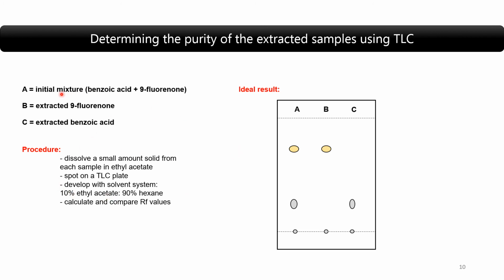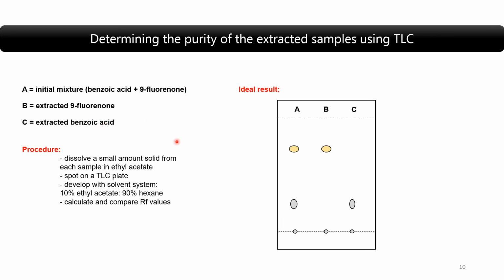So what we do is we have the initial mixture, which is the mixture of benzoic acid and 9-fluorenone. B is the sample that we have extracted by isolating the organic layer, and it should be 9-fluorenone. C is the sample that we have isolated by extracting the aqueous layer, and that should be benzoic acid.